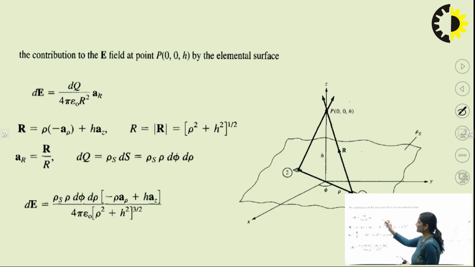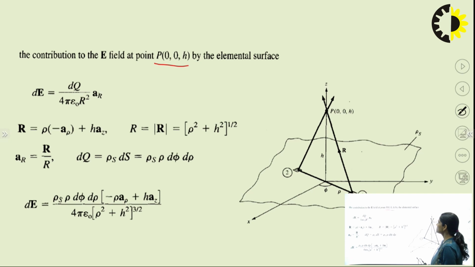Now the electric field intensity at point P 0, 0, h due to the elemental surface, whose charge density is rho s.